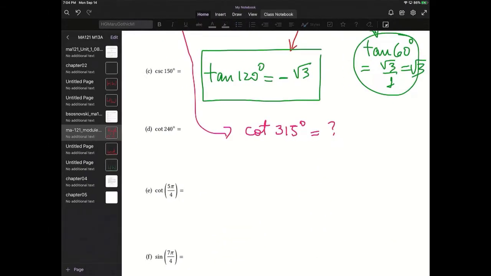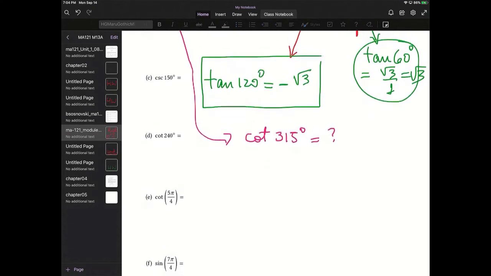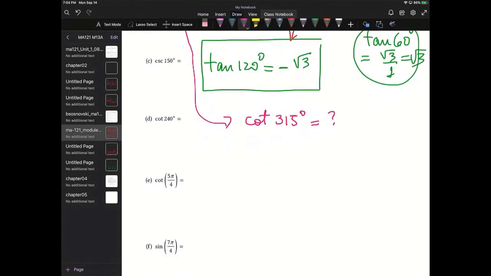First, the terminal side of 315 degrees. So somewhere in the fourth quadrant, right, beyond 270. So 270 here, this is 3/6.